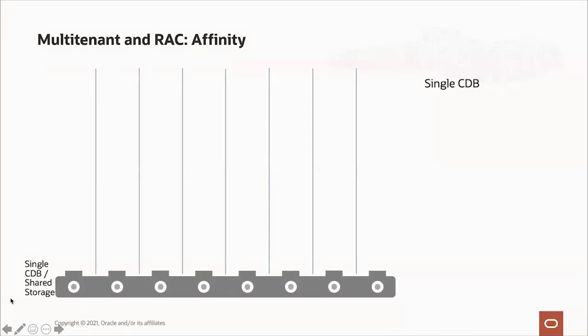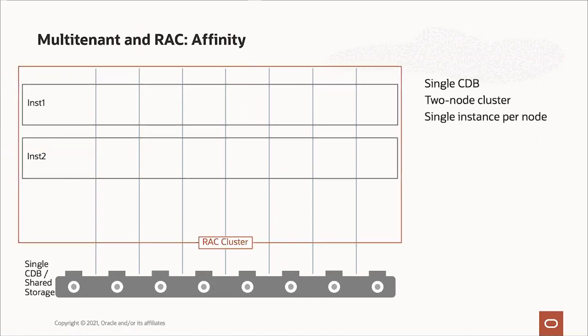Now, just that statement, building a real application clusters environment around multi-tenant, that's a sort of DBA thing. So it makes sense to be doing this at the CDB level. So for a single CDB with shared storage, which is the requirement of RAC, of course, let's start by building a cluster with just a couple of instances.